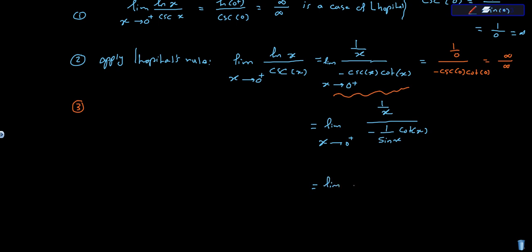This is the limit as x approaches 0 from the right of sine x over x times cot x, because this is equal to 1 over x times sine x, over minus cot x.